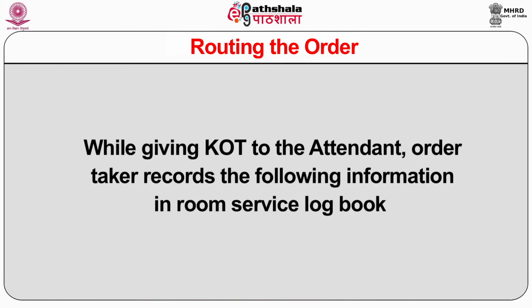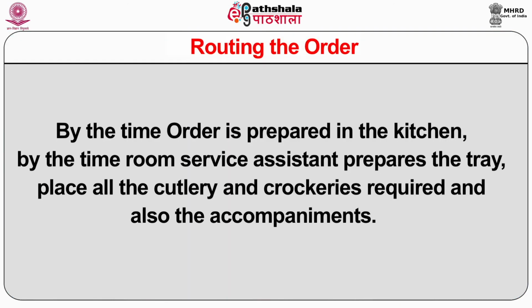While giving the KOT to the attendant, the order taker records the following information in the room service logbook, that is date, room number, guest name, KOT number, time of picking up order, time of delivery, delivered by, clearance time, cleared by, remarks.